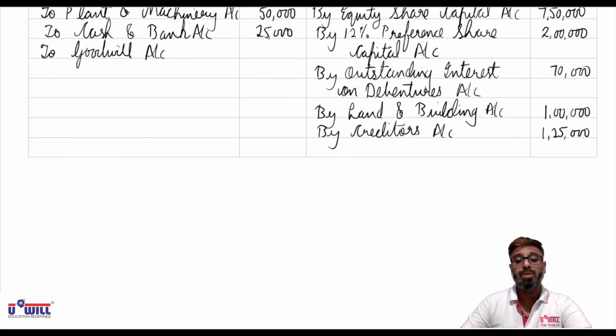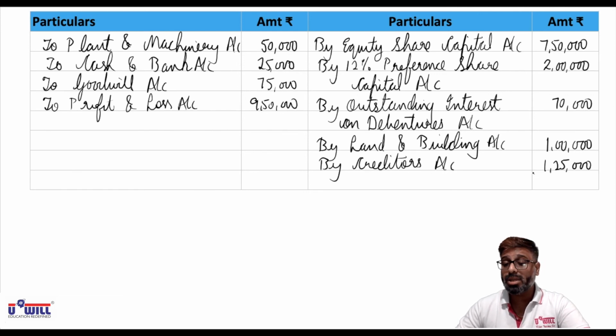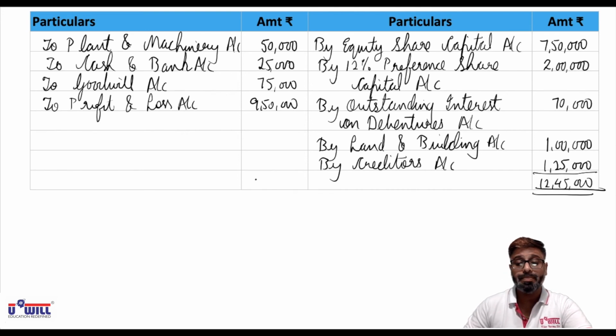So to goodwill account 75,000, to profit and loss account 9,50,000, and then whatever amount of surplus remains will be transferred to capital reserve. Let us do the credit side total first. 7,50, 9,50, 10, 20, 11, 20, 12, 20, 12,45,000 is the credit side total. All of you must be doing it in the calculator.